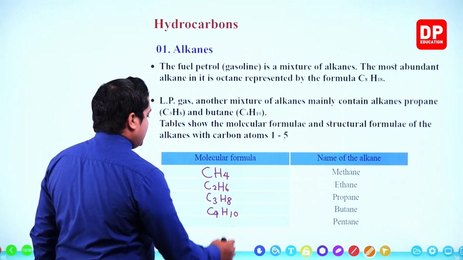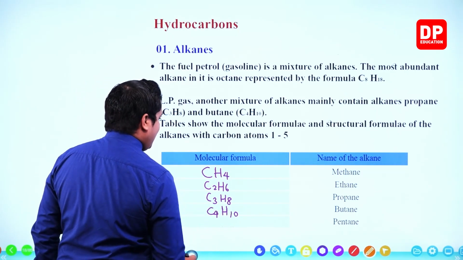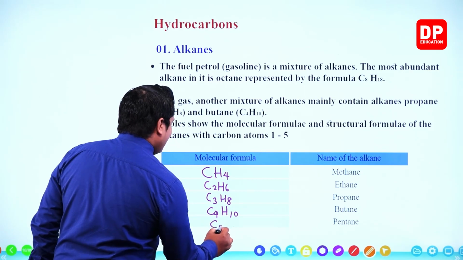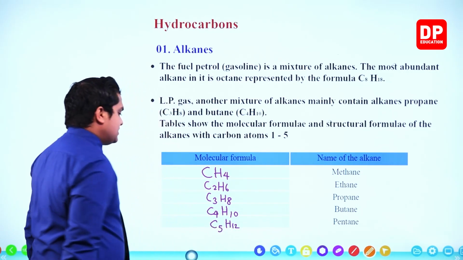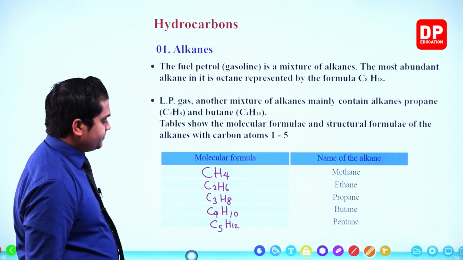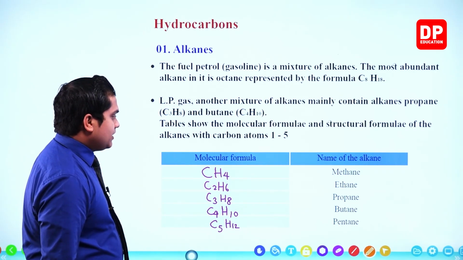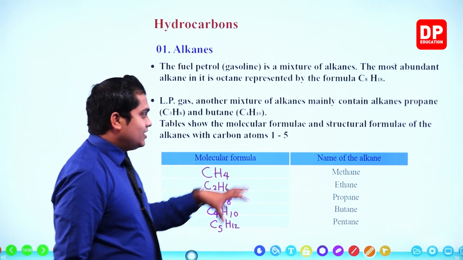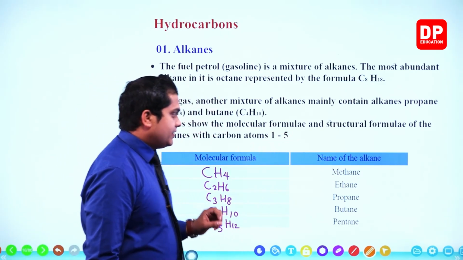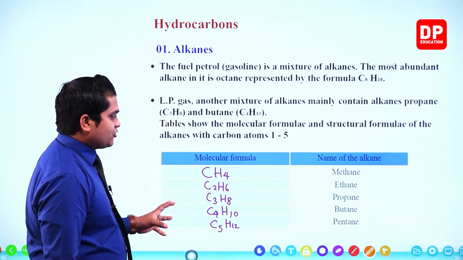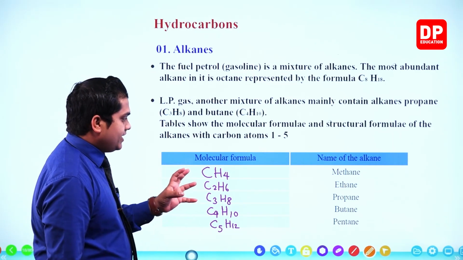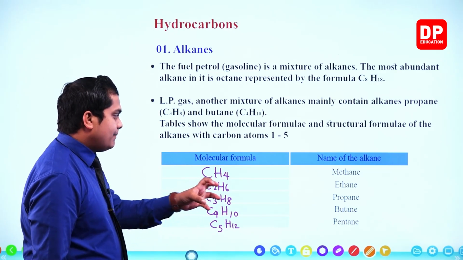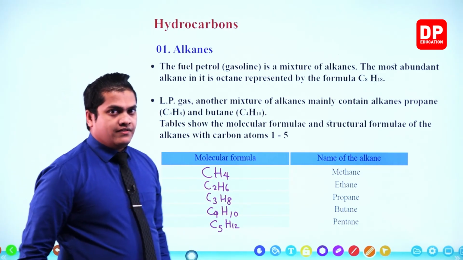Remember always. Next one, the final one, pentane, C5, H12. So these are the molecular formulae for the alkanes given in here. Methane CH4, ethane C2H6, propane C3H8, butane C4H10, pentane C5H12.